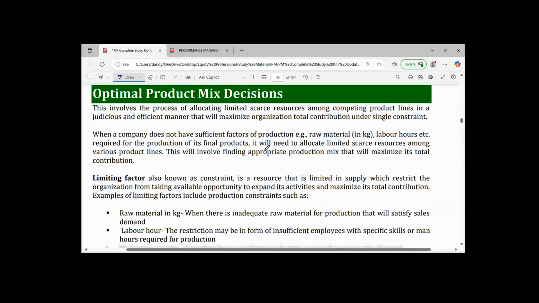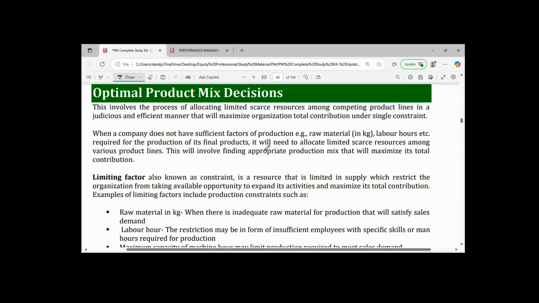Under the single constraint, the key limiting factor should be used to allocate the resources. When you have only one constraint, that is when you consider optimal product mix. So under the optimal product mix, you use key limiting factor to allocate the available resources. When there are multiple constraints, you cannot use key limiting factor. Rather, you need linear programming to allocate the limited scarce resources.